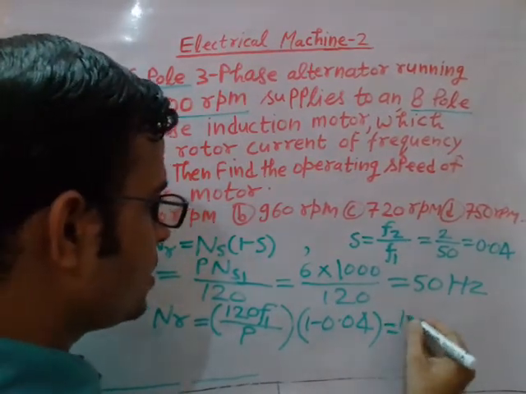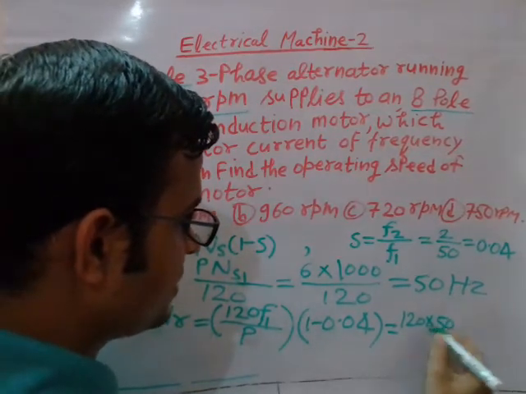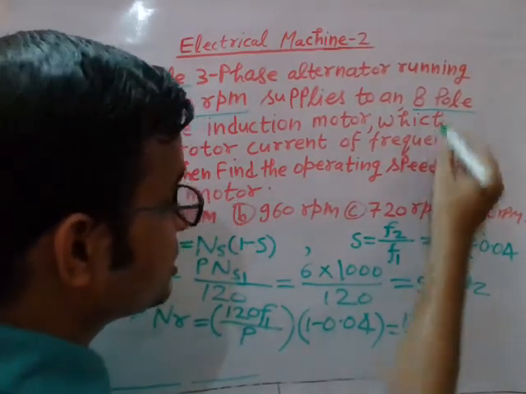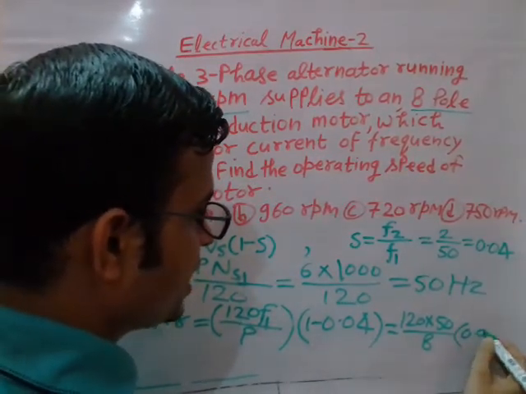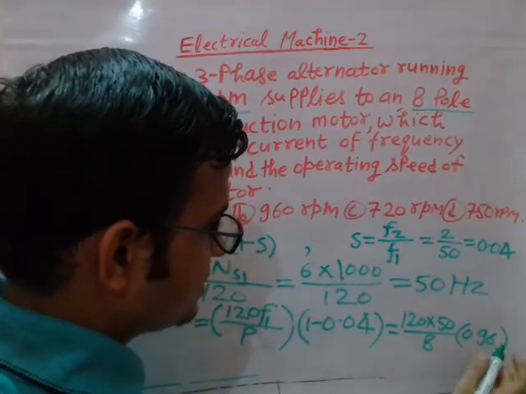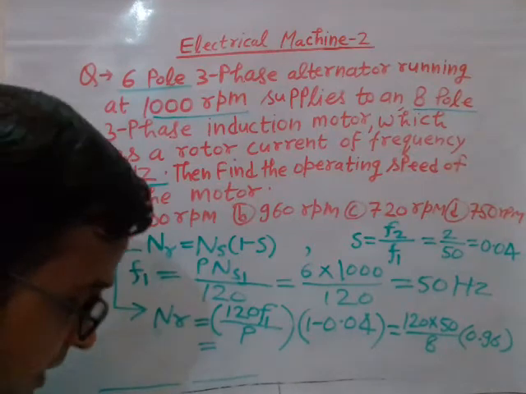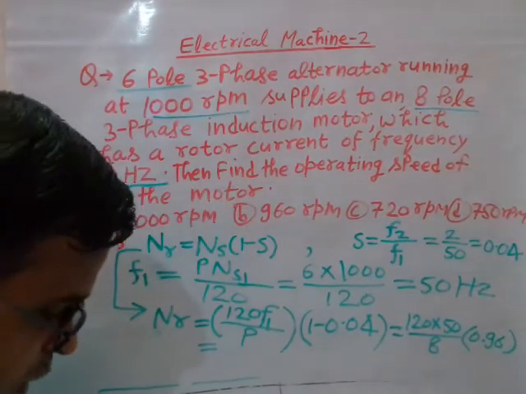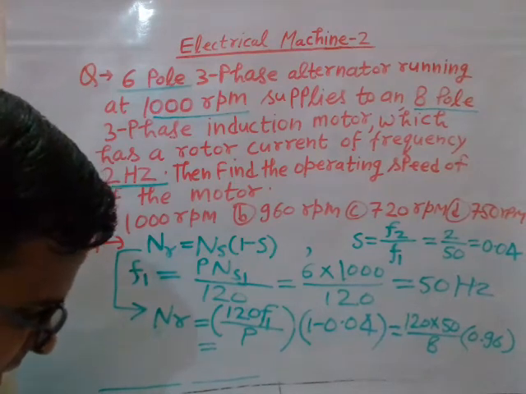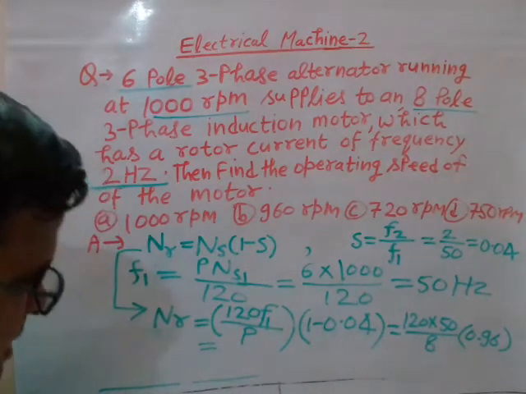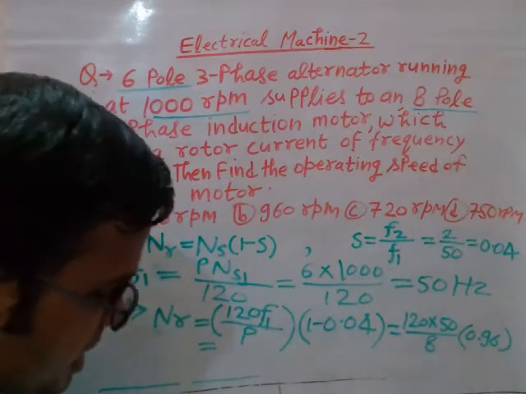So 120 into F1, which you have just calculated as 50, divided by the poles of the induction motor, 8, given in the question. 1 minus 0.04 is 0.96. When you calculate this, you will get 120 into 50 by 8, which is 750, into 0.96.